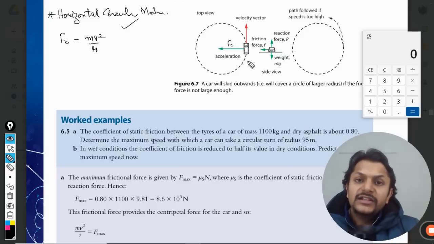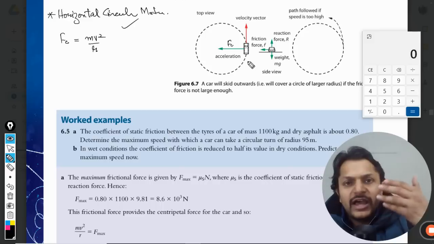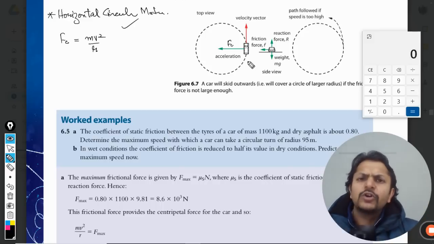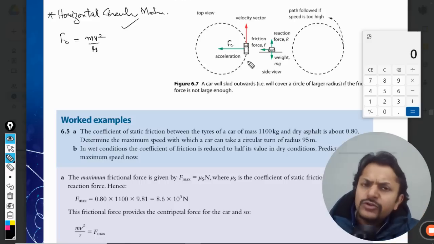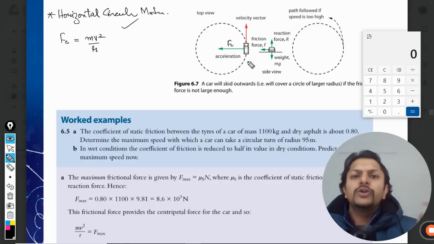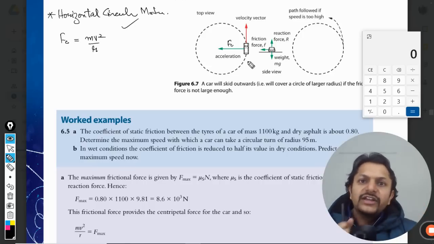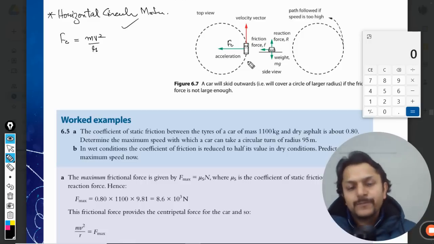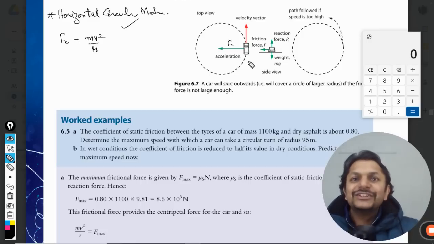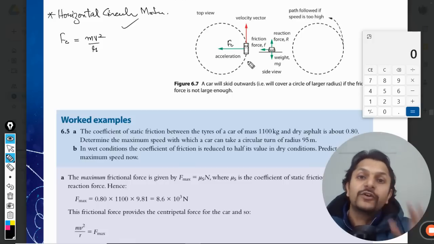Let us say there is no friction between the tires and the road surface because of some oil or some water or some kind of skidding. There are so many reasons, isn't it? So because of some reason there is less friction. Even if you are turning your steering, the car will not be turning. So the car is turning because there is friction. Friction is the force which is responsible for the turning.